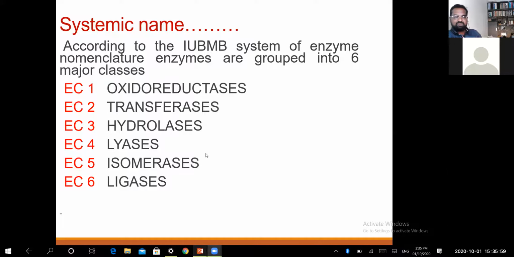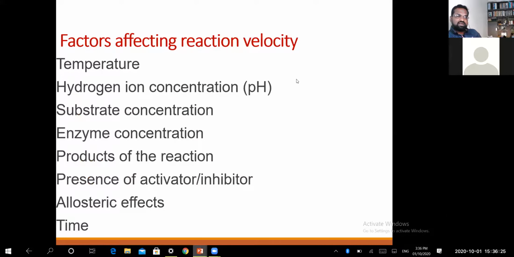For the time being, you should just consider that enzymes have been classified in 6 classes: oxidoreductases, transferases, hydrolases, lyases, isomerases, and ligases. The enzyme commission numbers will be 1, 2, 3, 4, 5, and 6. So this is the classification of the enzyme molecules.